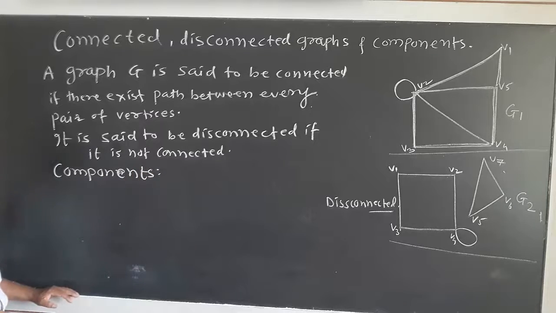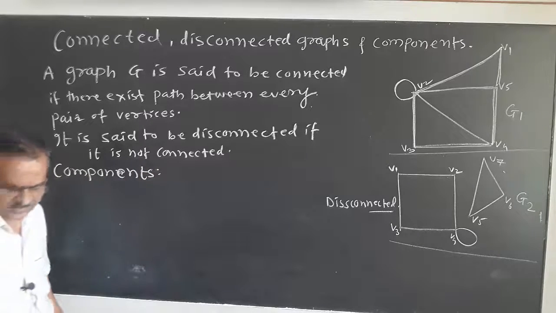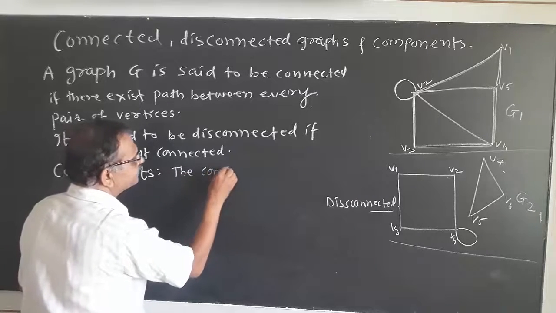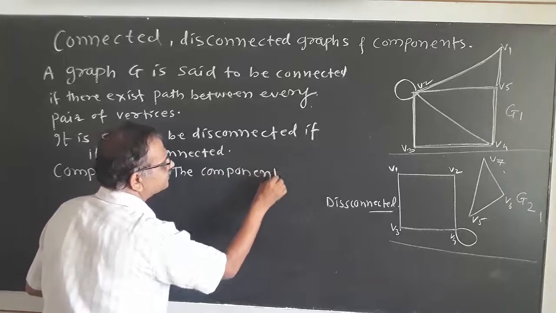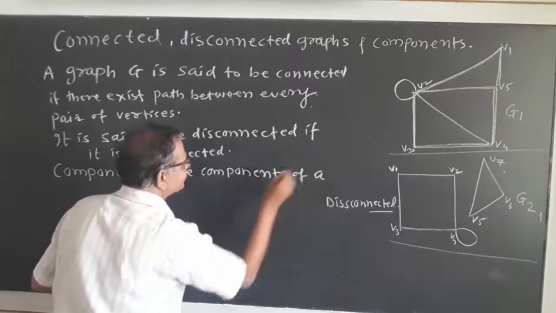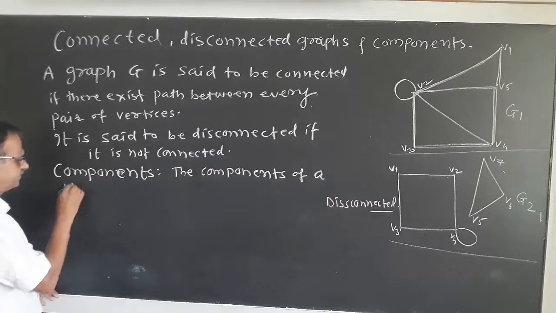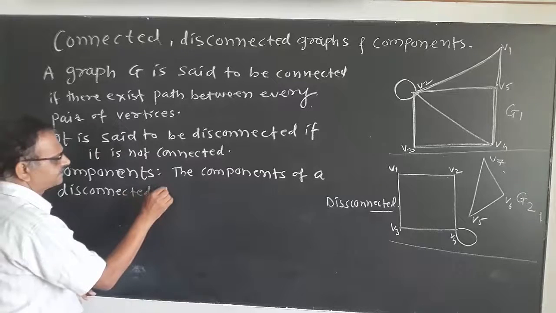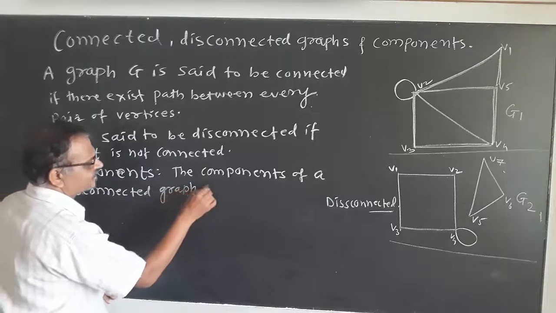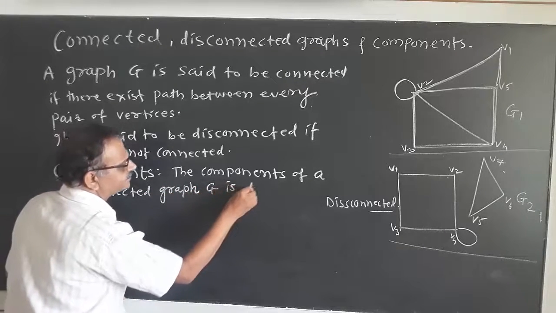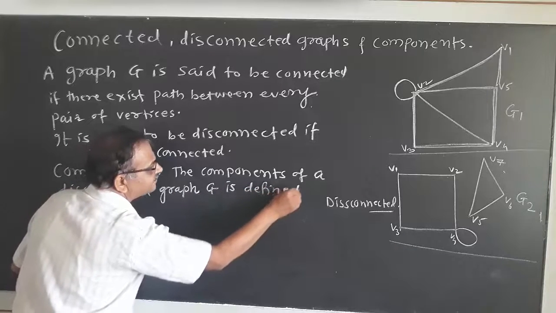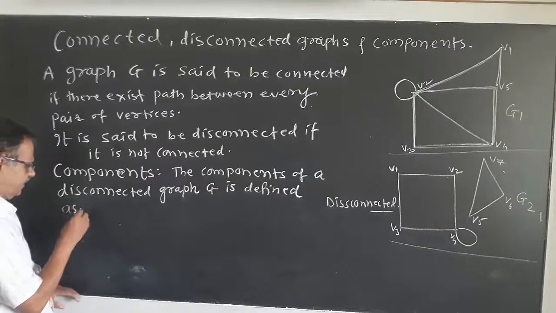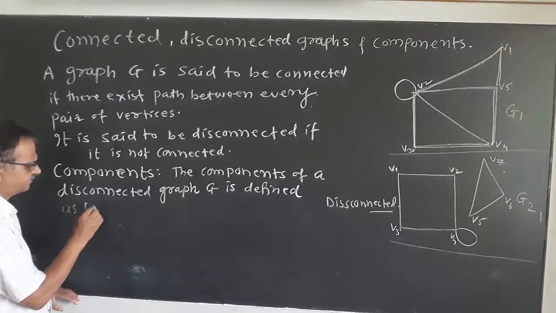Components of the graph. Let us define components of the graph. The components of a disconnected graph G is defined as follows.